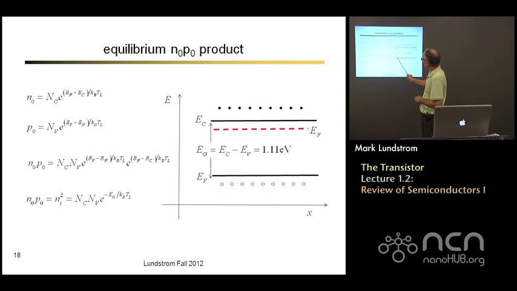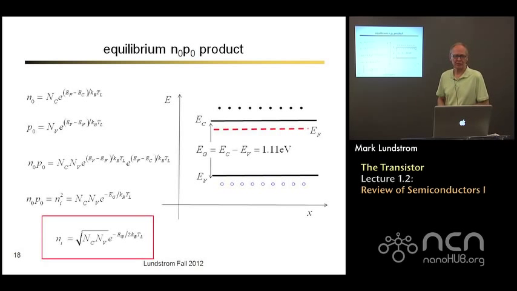That's the width of the forbidden gap, and on these two material-dependent parameters, NC and NV, which depend on the effective mass for electrons and holes. So the product of n and p we'll call ni squared. And in an intrinsic semiconductor, we have an equal number of electrons and holes, and that number is given by this simple expression.